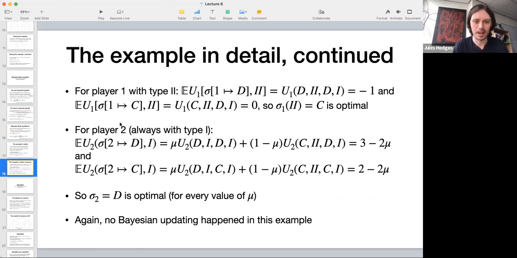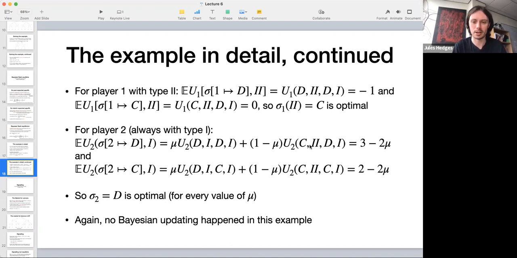Player 2 only has one type, which is type 1, and we see if they defect, then the expected payoff is this. Here, the expectation is over player 2's posterior over player 1's type after player 2 learns that they're type 1, which is the same as their prior, because player 2 is always type 1.